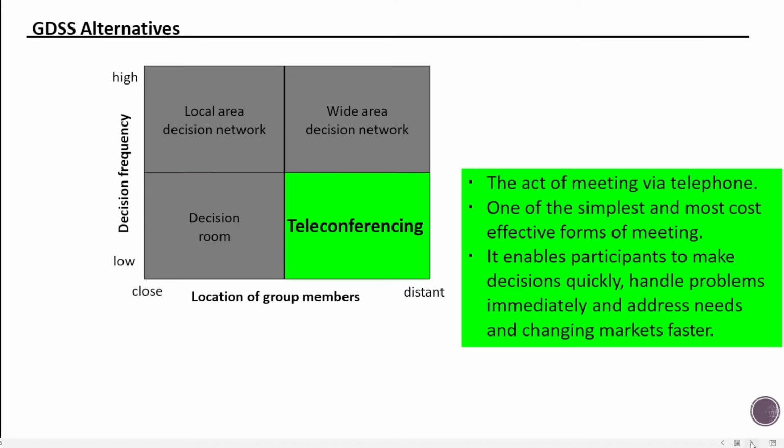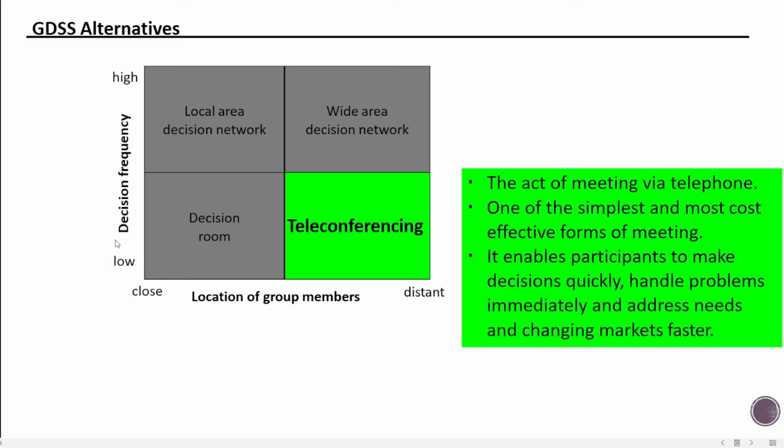Next is the teleconferencing. Yan. The act of meeting via telephone. Okay. Ngayon, pwede nang gumamit tayo ng mga video communication. Dati-dati wala kasi ganun. No? Kaya telephone ang nakalagay dyan. So makikita mo rin dito na ang teleconferencing is meron siyang low decision frequency. Low decision frequency.